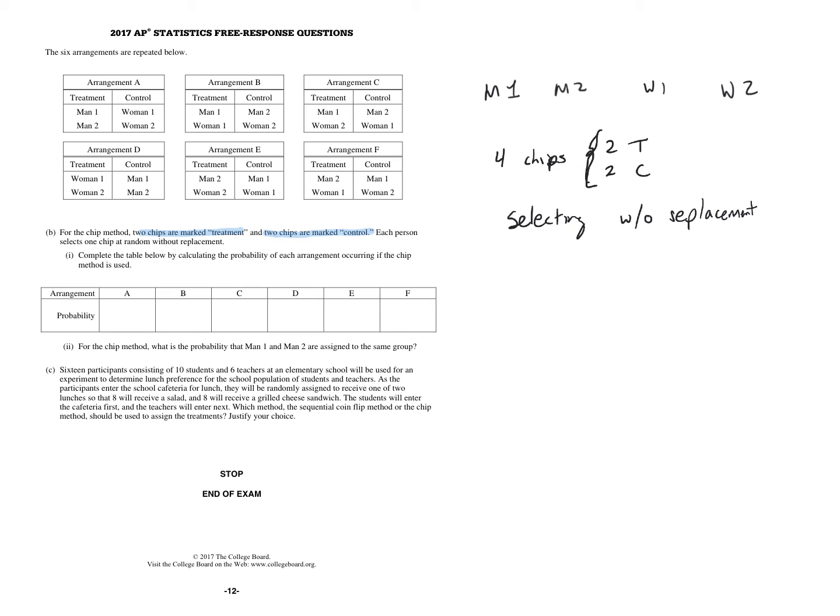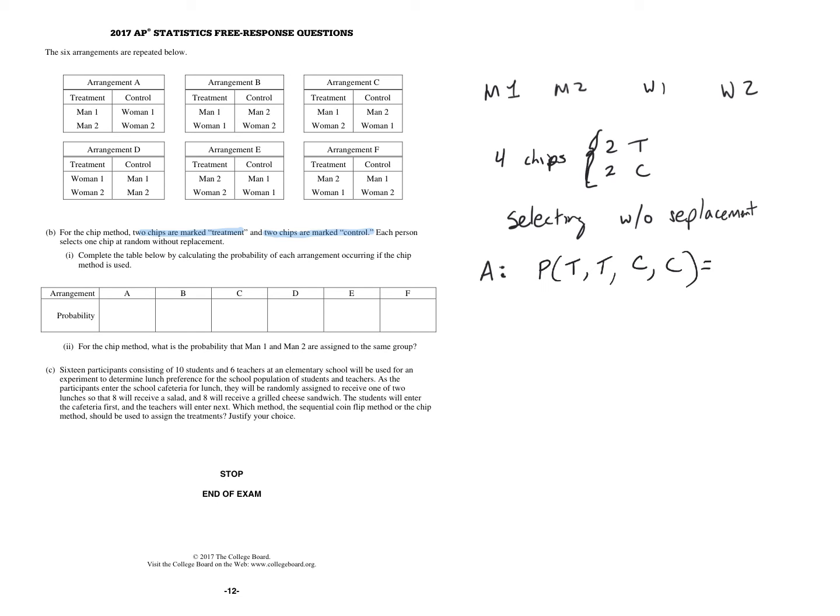And so if we look at option A here, we can see that what we need to happen is that man 1 needs to get the treatment, and then man 2 needs to get treatment as well. And so we think, all right, so the probability of essentially it being the order treatment, treatment, control, control, because the woman 1 and woman 2 could still reach in, grab a chip, will just be the control group after the 2 men have taken the treatment ones, but it would still happen.